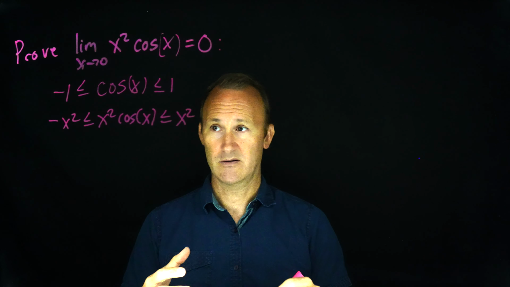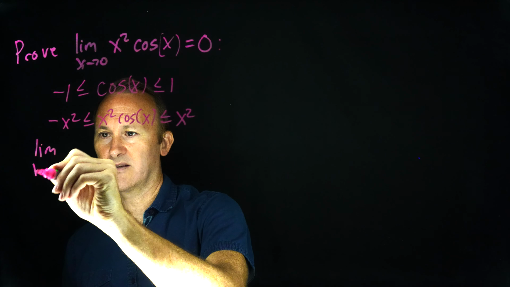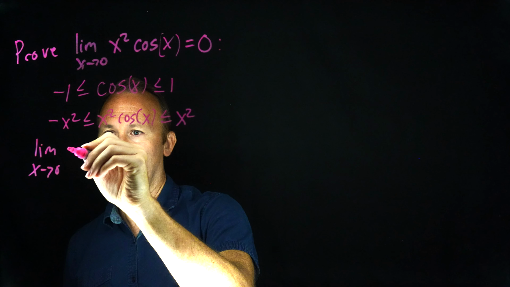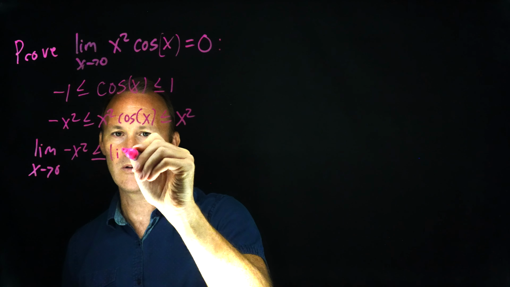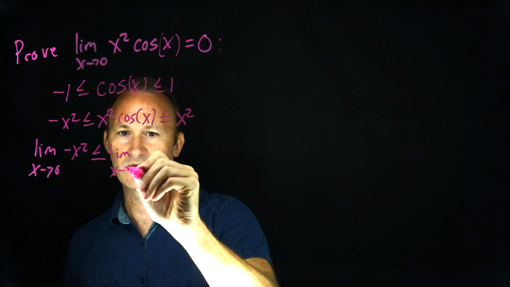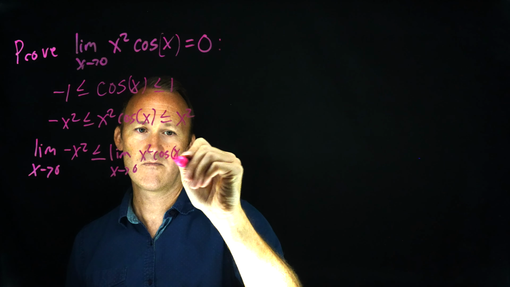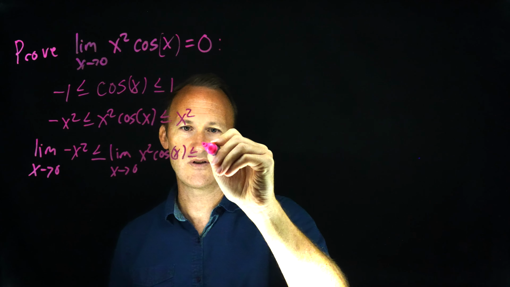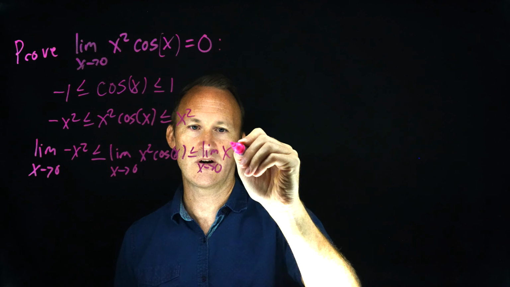So the limit as x approaches 0 of negative x squared is less than or equal to the limit as x approaches 0 of x squared cosine x, which is less than or equal to the limit as x approaches 0 of x squared.